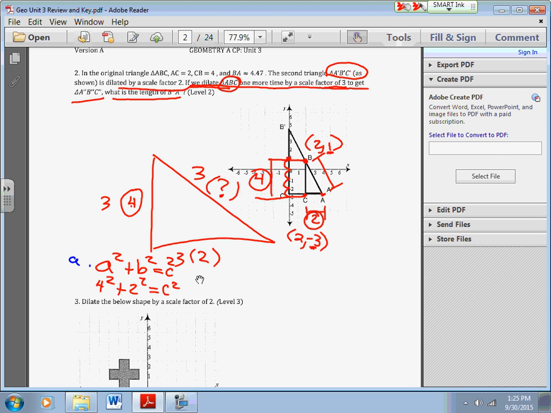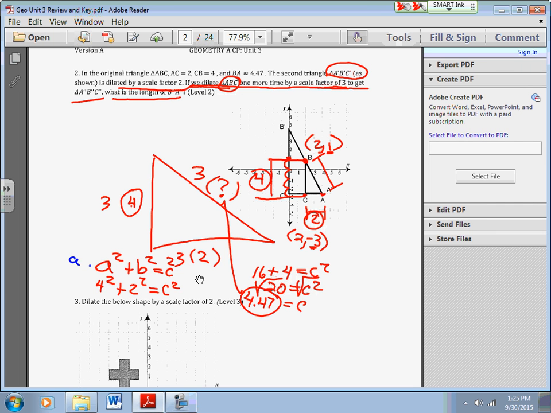What's 4 squared? 16. Plus 2 squared is 4. Everybody agree? Okay. What's 16 plus 4? 20. Take the square root of both sides, so everybody go ahead and do the square root of 20. Approximately 4.47. Okay, use 4.47.